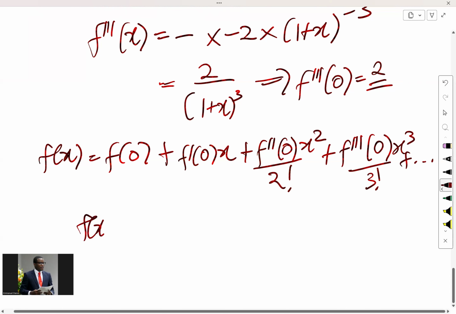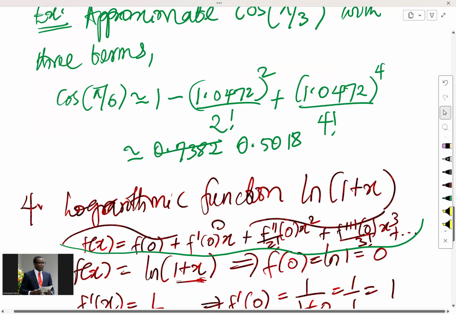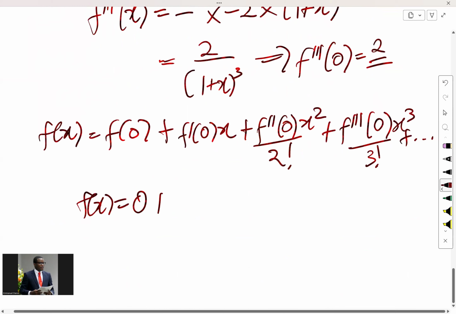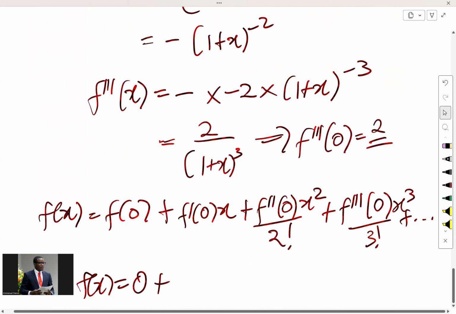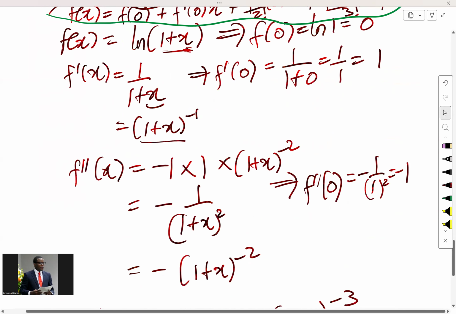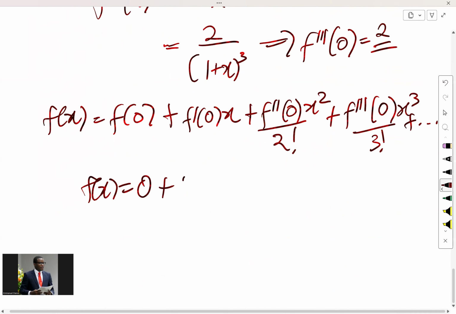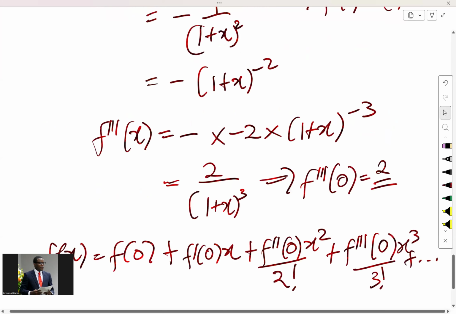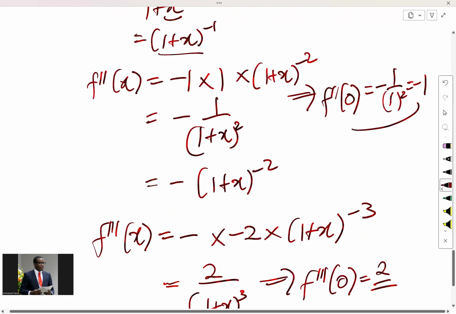So that f of x now is f of 0. Evaluating that function at 0, you get 0. F of 0 is 0 plus f prime of 0. F prime of 0 is 1. Okay, that's 1, of course, multiplied by x plus f prime prime of 0. F prime prime of 0 is minus 1, like we have here.